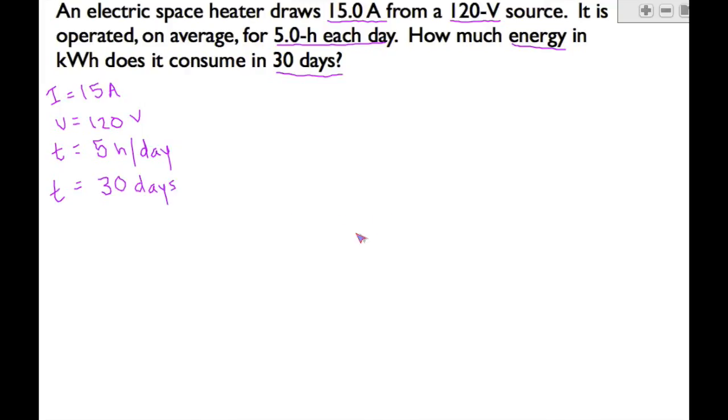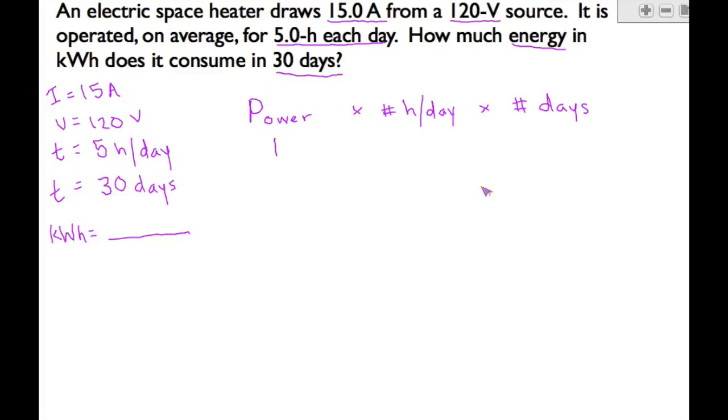And we want to know the energy, or kilowatt hours. Okay, so to do this, we need to take our power in kilowatts, and multiply it by the number of hours a day. And then we need to multiply that by the number of days. And this will tell us how much we're using in 30 days.